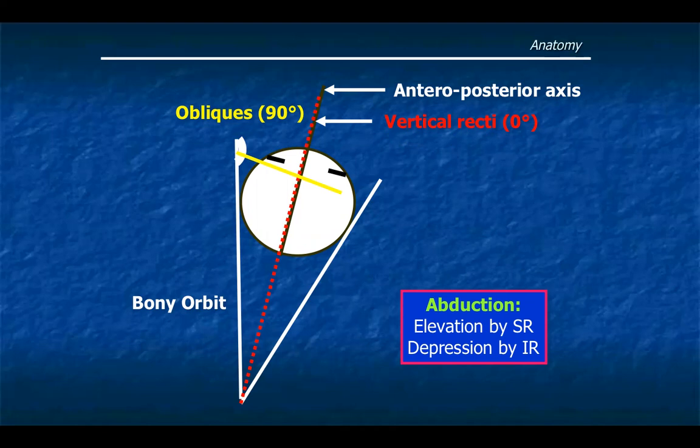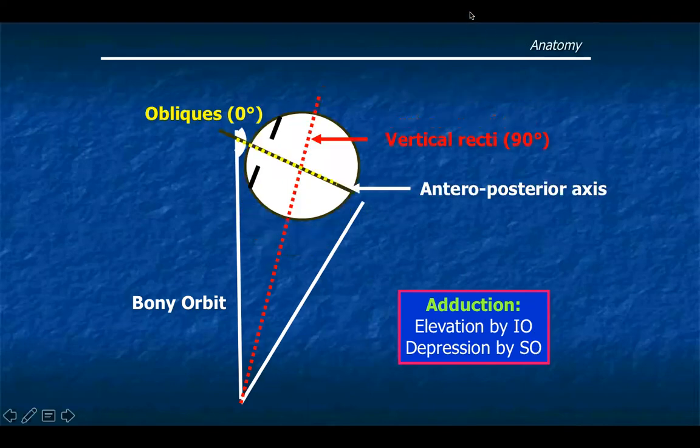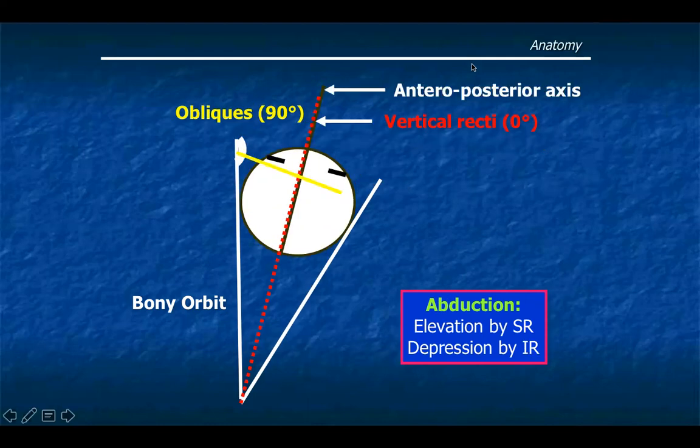The muscle axis of the vertical recti becomes parallel to the optic axis or the visual axis. So the angle between the muscle axis and the visual axis is 0 degrees now.